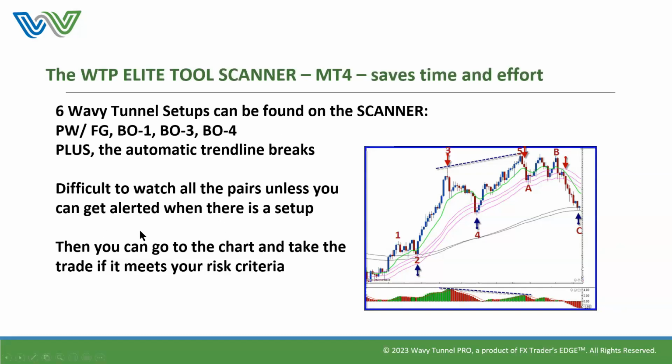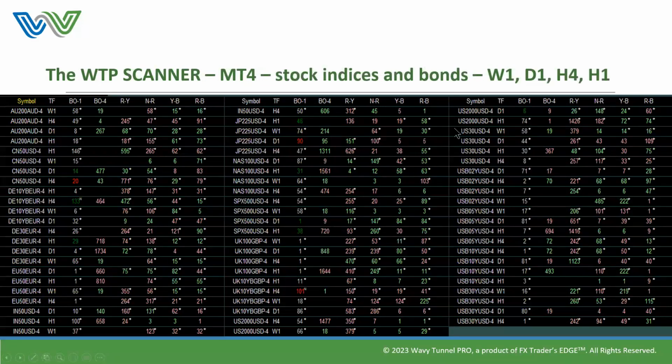Let's find a trade on the scanner that's setting up right now that you can follow. I ran the scanner to show you that we can run it on anything that the MT4 platform, soon to be MT5, has. You can use any MT4 platform, and these are the stock indices and bonds.